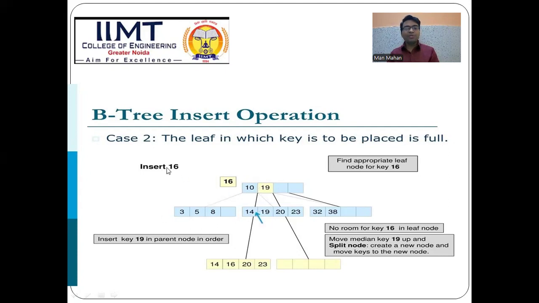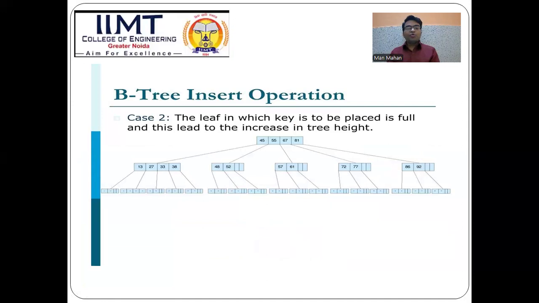Where is the position of 16? We search for the position of 16. We can see 16 is between 10 and 19, so we insert it in the right subtree of 19. Here we find 14, 19, 20 and 23, so we insert 16 at the particular position here.